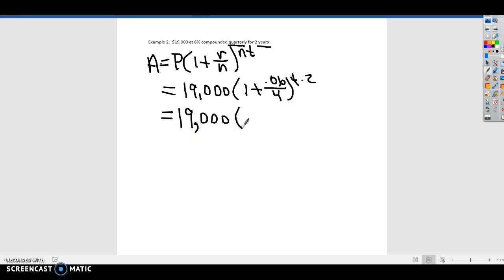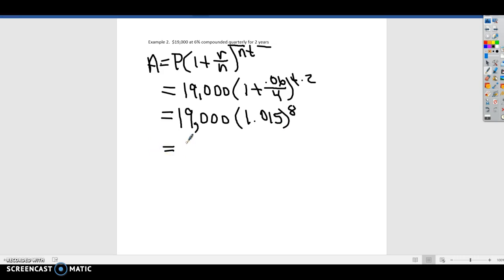So I'm going to do the 0.06 divided by 4. Then I'm going to add 1 to simplify inside my parentheses first. 1.015. And then 4 times 2 is to the 8th power.